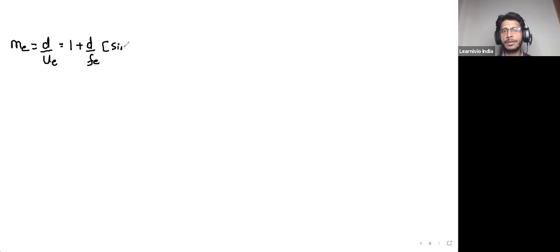If you look at the derivation of the simple microscope, you will find how I converted UE in terms of FE. This is the magnification of the eyepiece. I call this equation number 6.